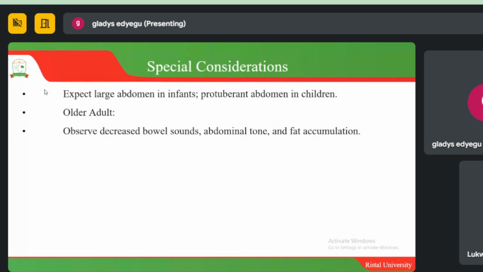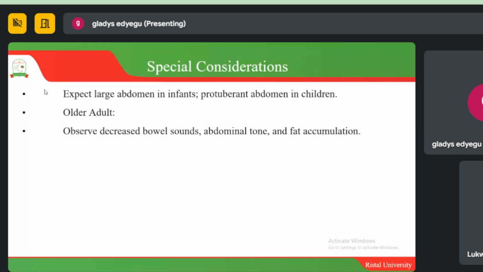And when you put the stethoscope to listen, you should be able to hear these bowel movements very clearly. So when you see that they are decreased, then you should understand that there is a problem. If a patient was operated on and there are decreased bowel sounds, then you should also think of something going on in this patient's abdomen.